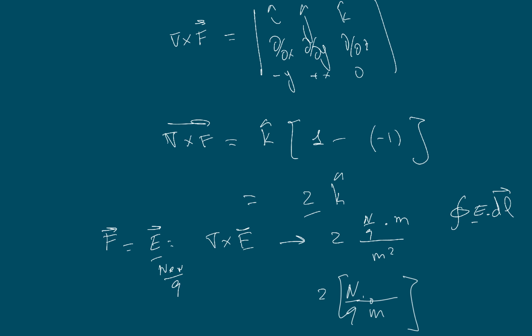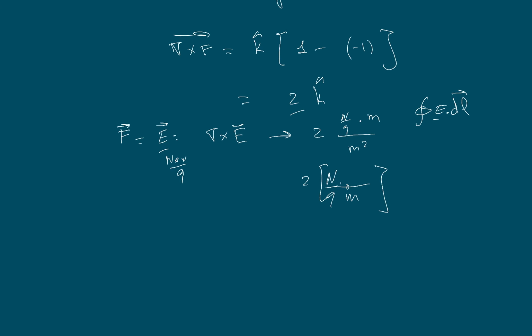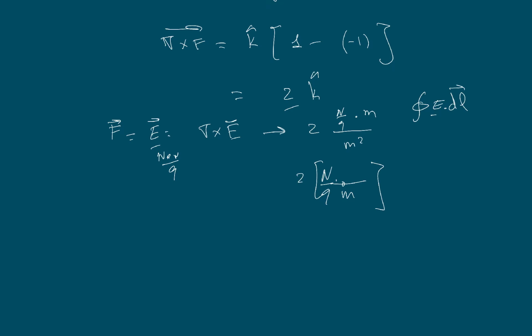So this problem says that the curl of F is 2 wherever you are, because it doesn't depend on where you are. It doesn't depend on x or y. What happens if I do this integral? The integral over a curve C of F scalar dr of this vector field. So I do this integral, the line integral of F. And what is F?